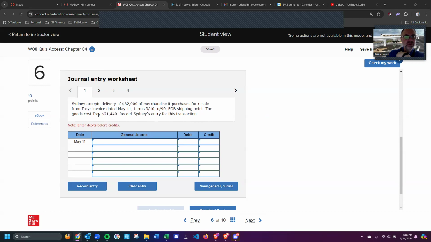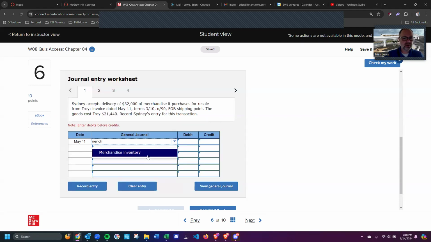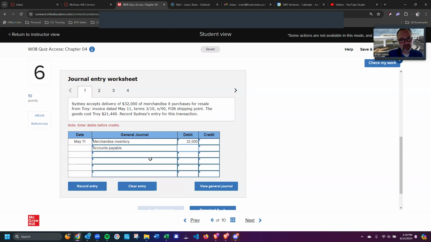Now we can ignore the Troy part, because it's not relevant to Sydney, right? So first, we're going to do merchandise inventory, right? And that's going to be $32,000. And it's going to come out of accounts payable because it's not cash. Accounts payable is $32,000. Okay, so that should be that for that one.